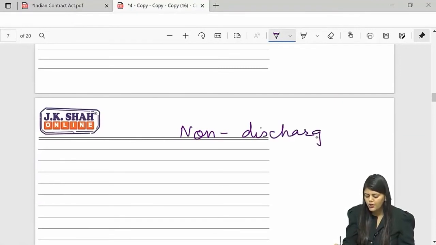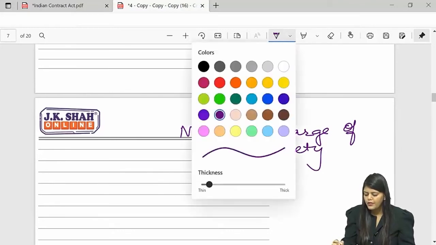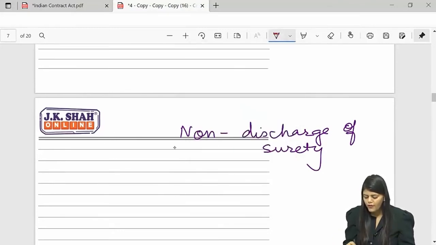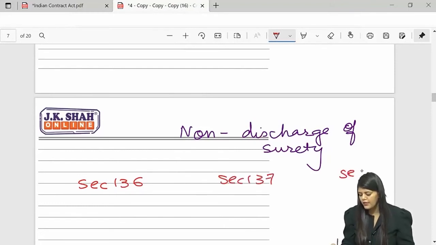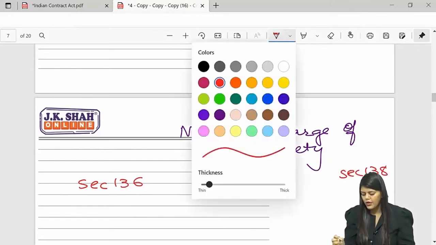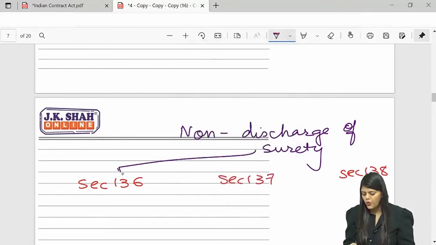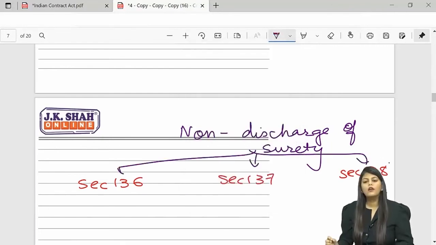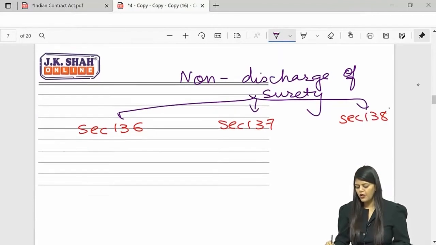non-discharge of surety. Non-discharge of surety, section 136, 137 and 138. Okay. Section 136. Students get confused here.